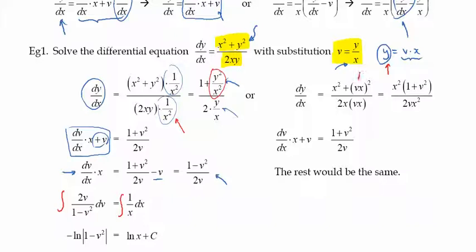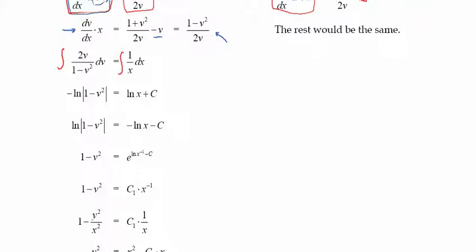This is what you will end up with. And as you replace your dy/dx using this part here, on the right hand side, as you simplify your x squared, it will just turn into the same thing as before. And you can solve this differential equation using the same technique here.